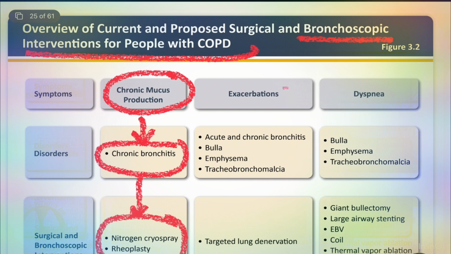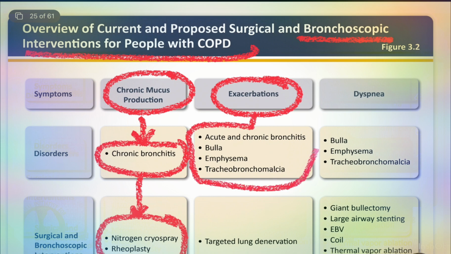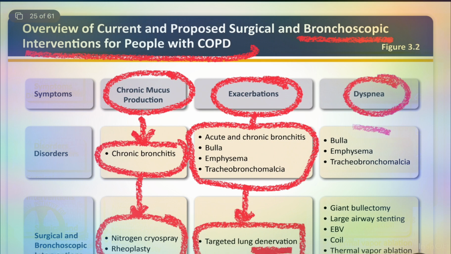If the patient is having exacerbations, then we should suspect acute or chronic bronchitis, bulla, emphysema, or tracheomalacia. And for these patients, we should do targeted lung denervation. If the patient is having dyspnea, then we should suspect bulla, emphysema, or tracheobronchomalacia.